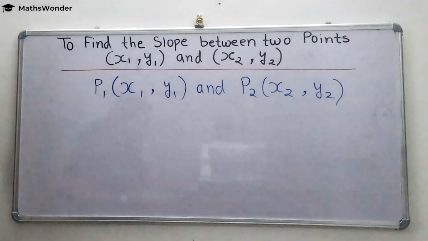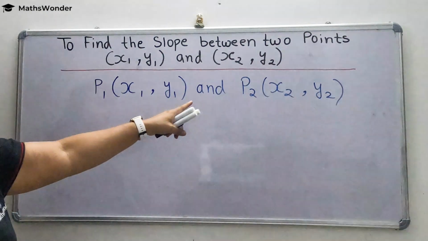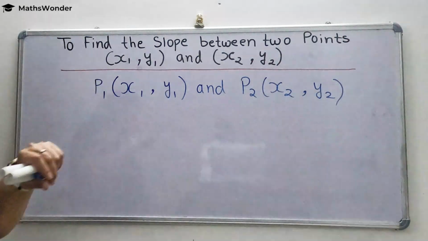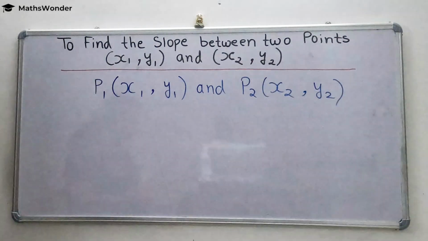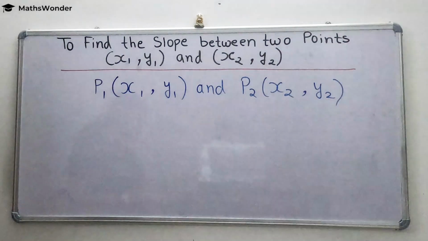The equation of a line with slope m and passing through a point x1, y1 is given by, so how will you find the slope?